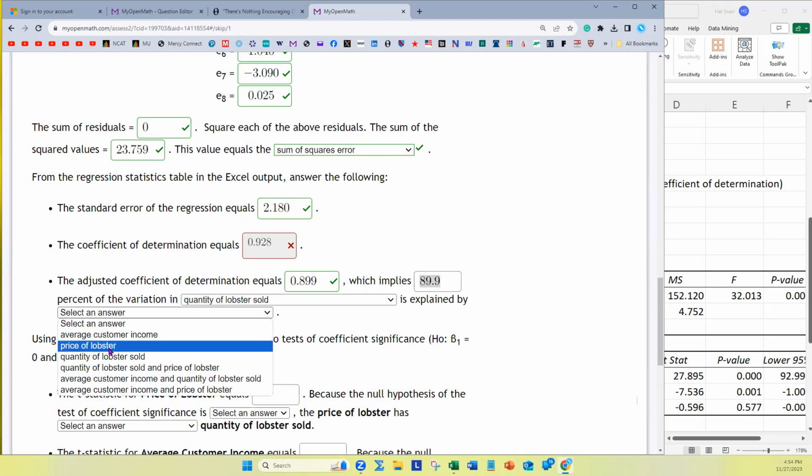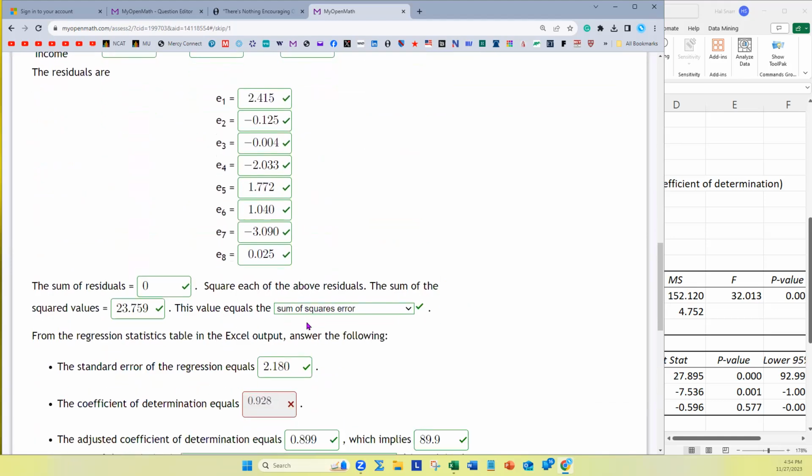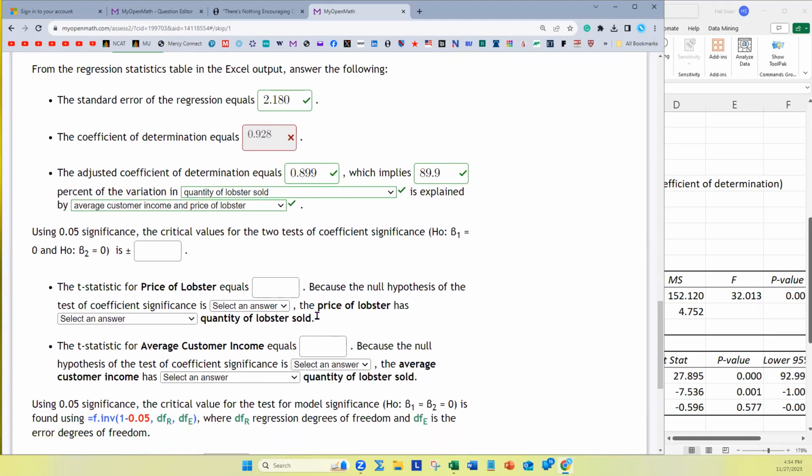Average customer income and the price of lobster? Yep, exactly. That's the model, right? Average customer income and the price of lobster.